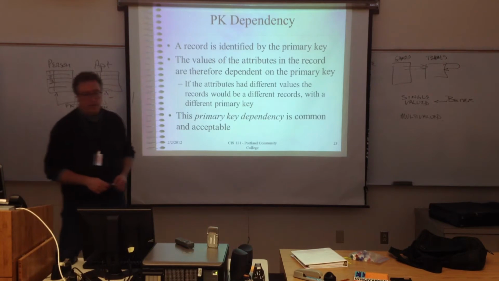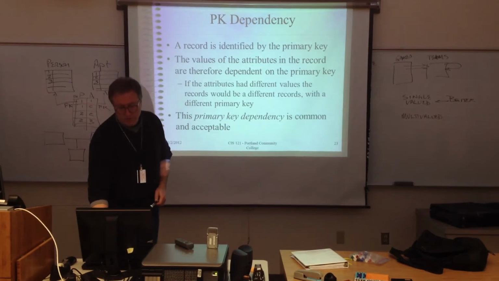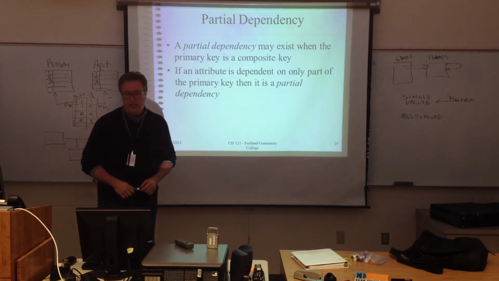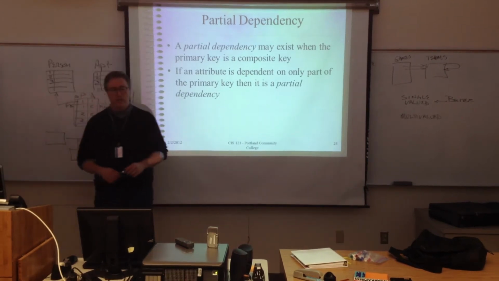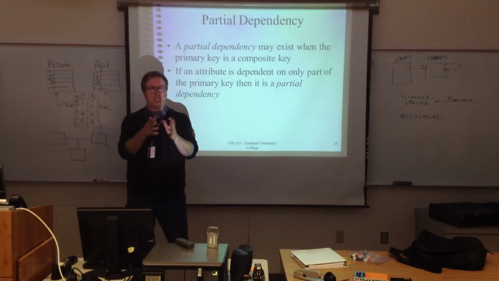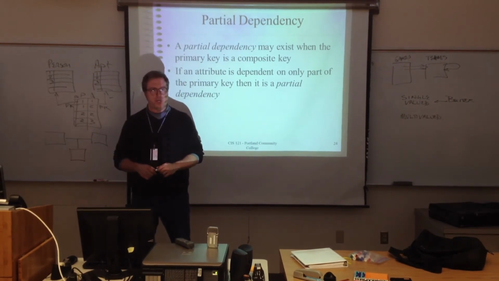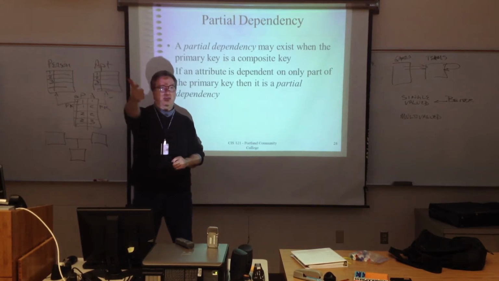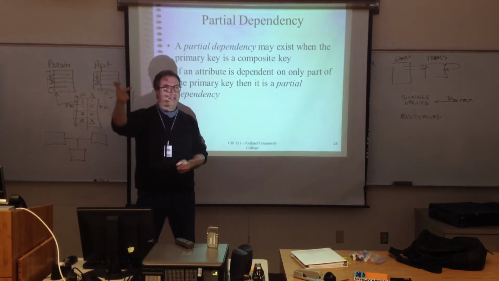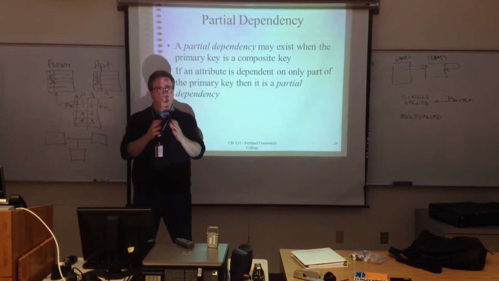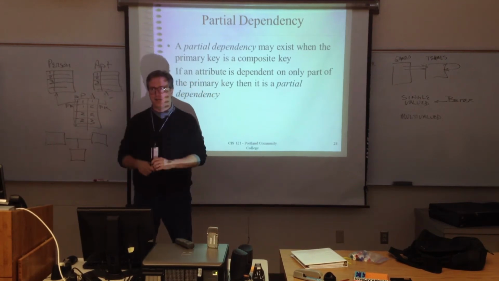So here's the deal about primary key dependency. Now, we've talked about primary keys that are composites. So let's say you didn't have a G number. And I had to figure out who you were as an individual by taking your first name, your last name, your address, I don't know, whatever else I could find out about you until I could come up with a combination of attributes that uniquely identify you.